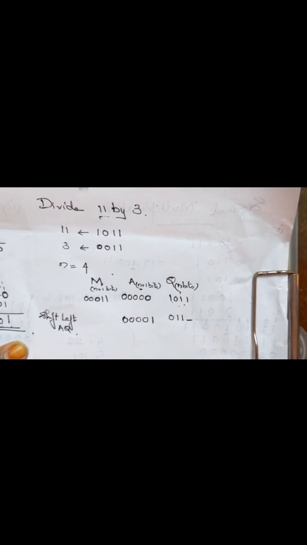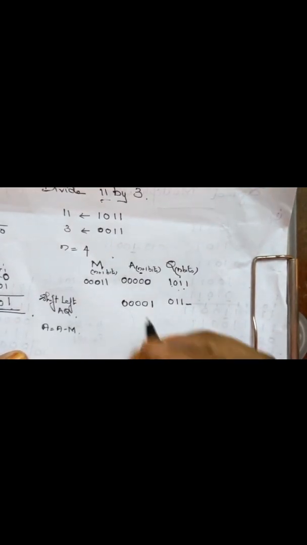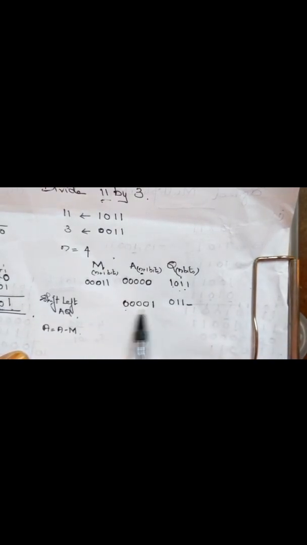Now the next step is to perform the subtraction operation. A is equal to A minus M. A is equal to A minus M means that to this A register value you have to add the 2's complement of M. M has the divisor, and the 2's complement will be added with this A register value.